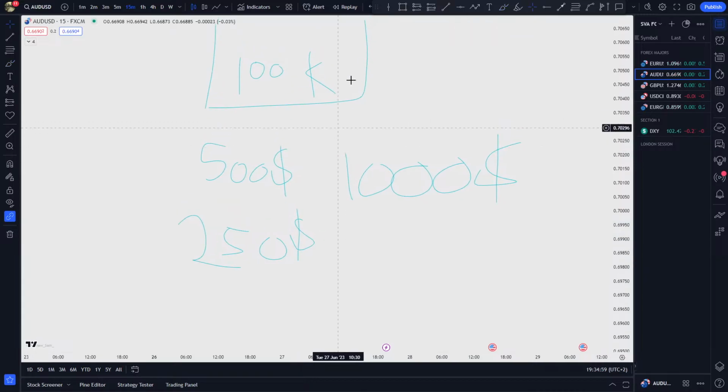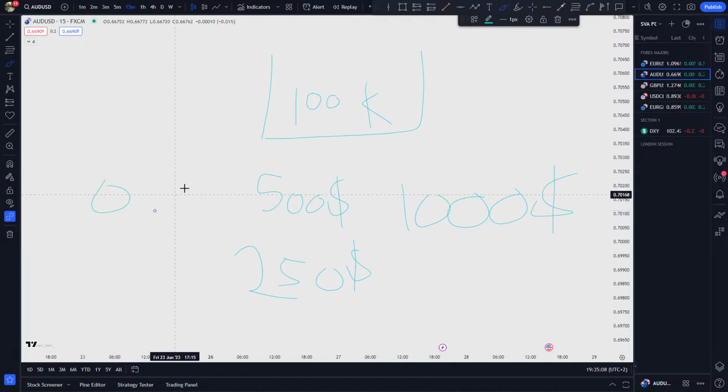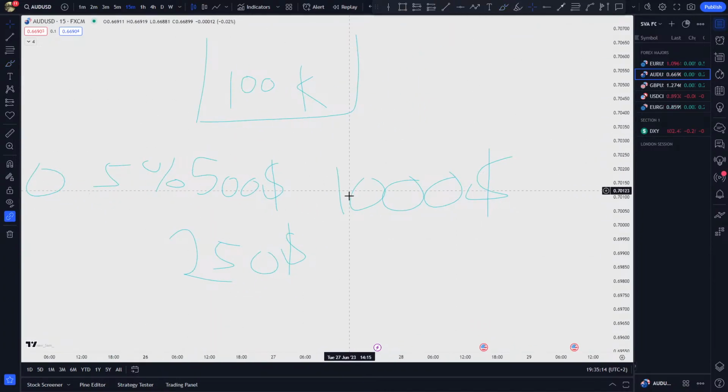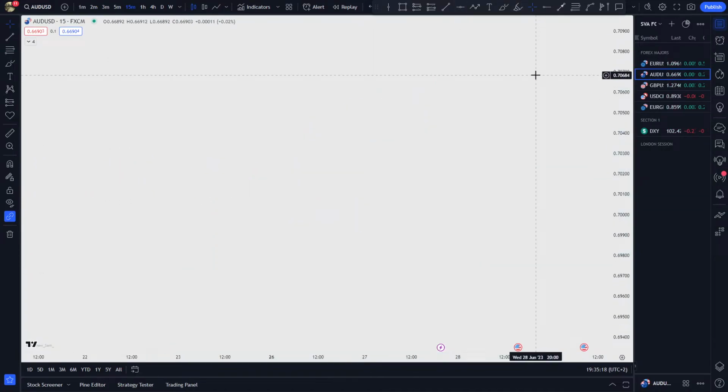But honestly, 99% of the time, I'm risking $500 or 0.5% on my account. It's basically always the same. You shouldn't really change your risk all the time, because if you do, your edge is not going to play out.